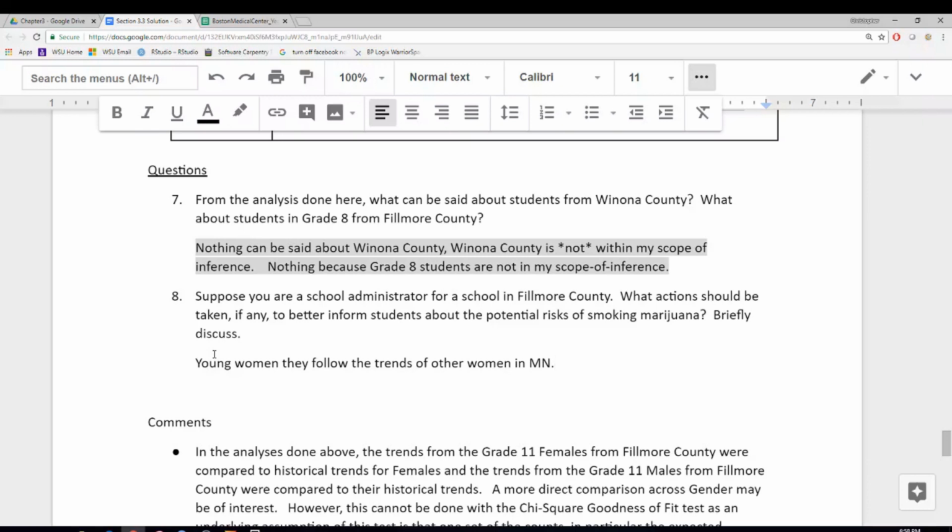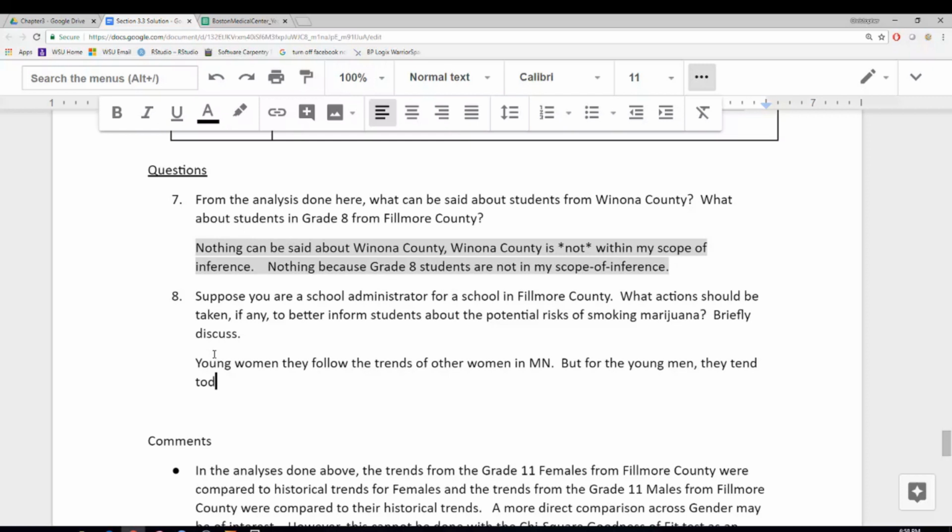But for the young men, they tend to deviate from the historical patterns.